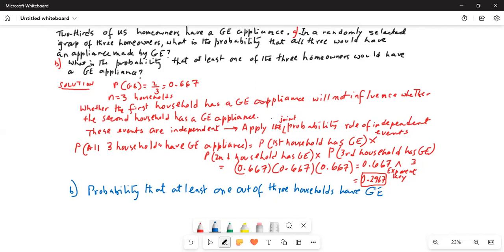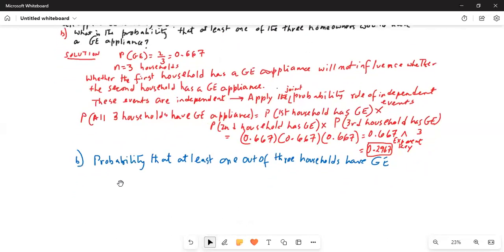Now we have to think about the probability rule for complement events.